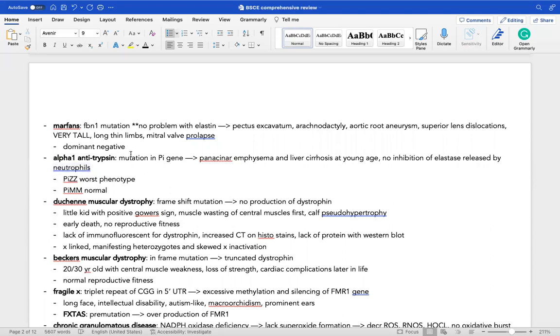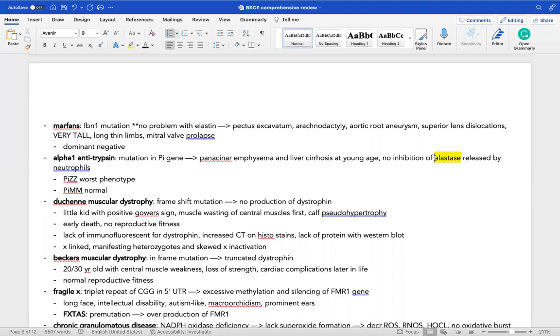Alpha-1 antitrypsin deficiency is a condition where they have too much, or overactivity, of the elastase enzyme. As you know, antitrypsin is a protein that normally inhibits elastase.